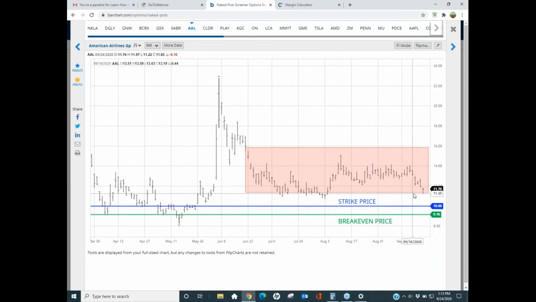Certainly our current price is falling, so the short-term trend is down, but over the last month or two, we've been in this kind of sideways action. We're at the lower end of this sideways action, right?